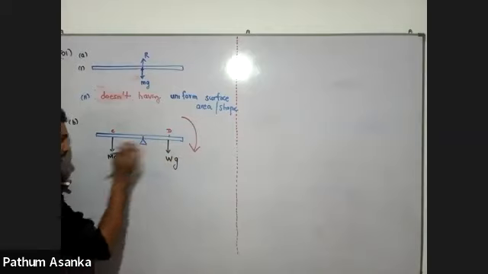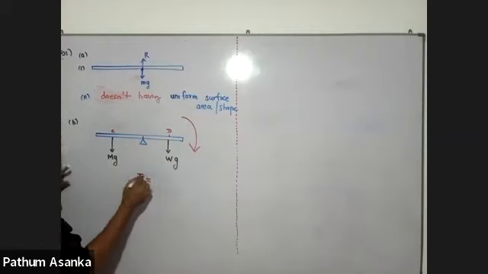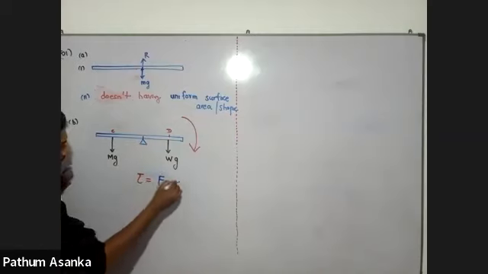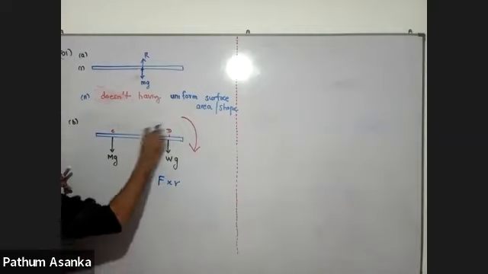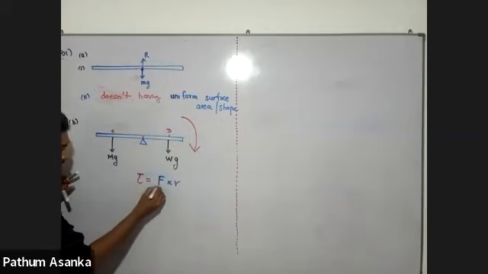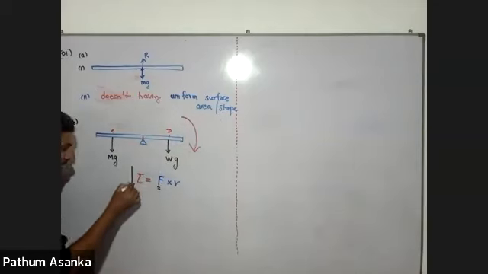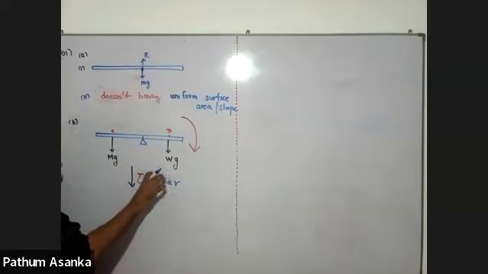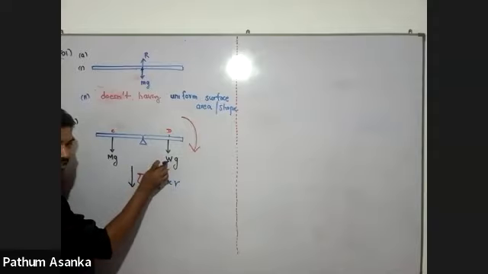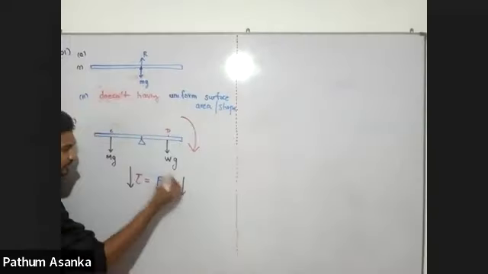You know the moment of a force is F into R. The moment on this side is larger. We can't change F, because W is a constant value and doesn't change. To balance it, we need to reduce the moment, so the only thing is that R should be reduced.